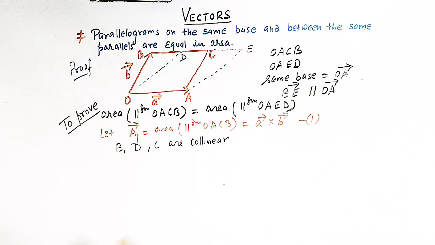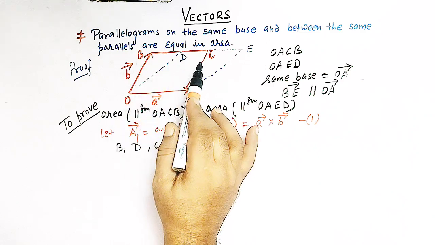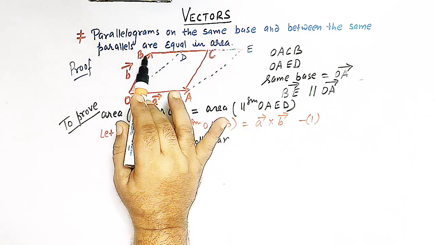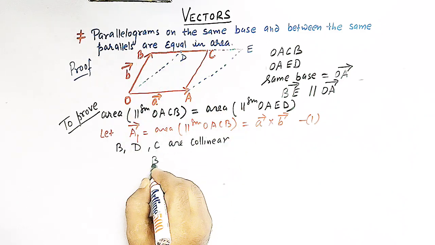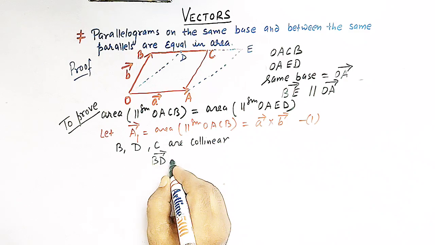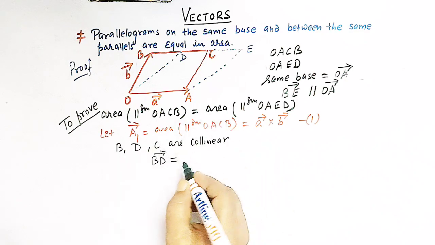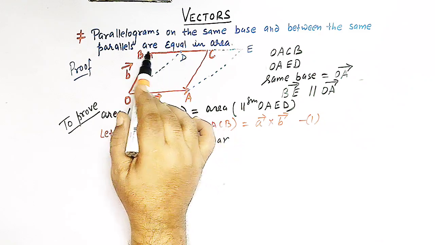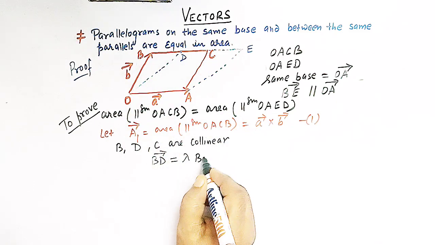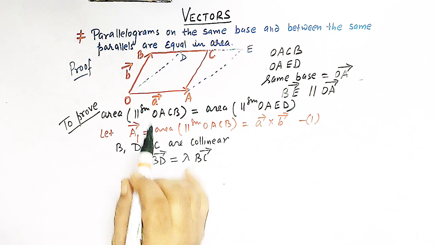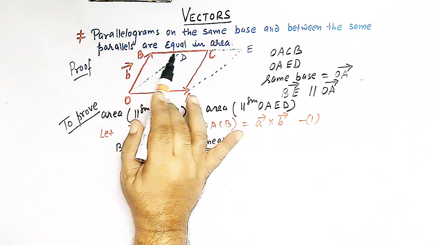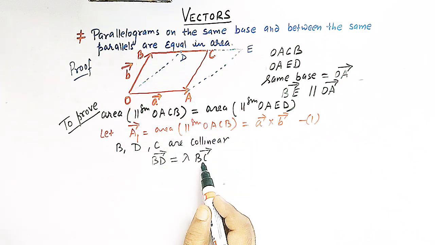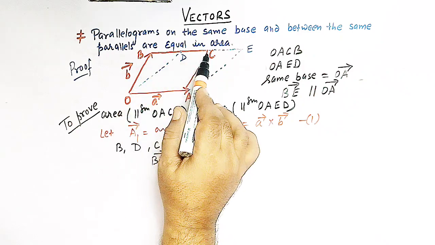And when we have collinear points, then this vector BD can be represented by the scalar multiple of the vector BC, right? So here we can represent this vector BD as a scalar multiple of the vector BC.